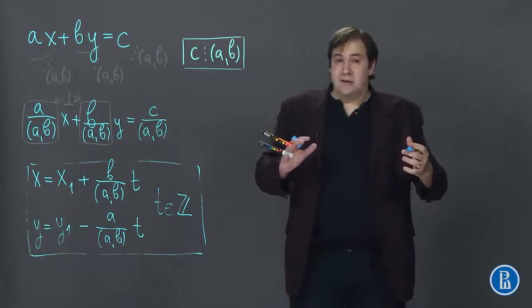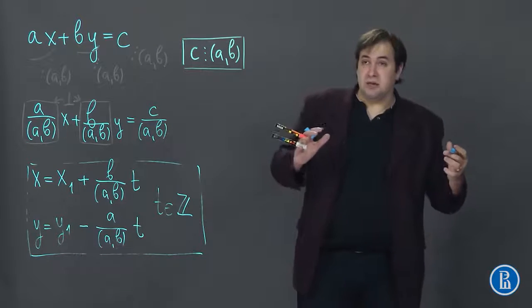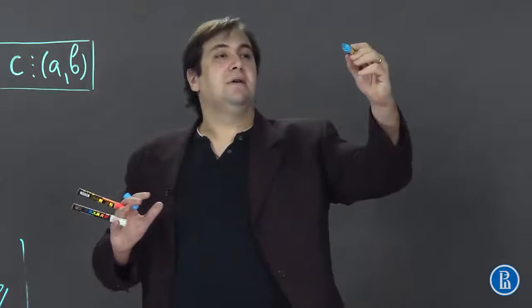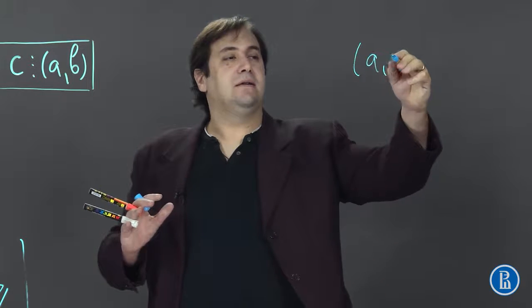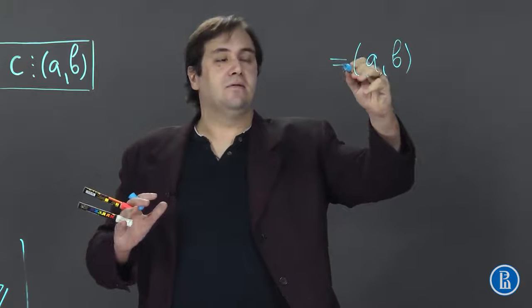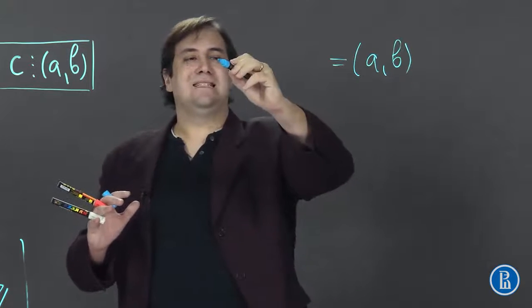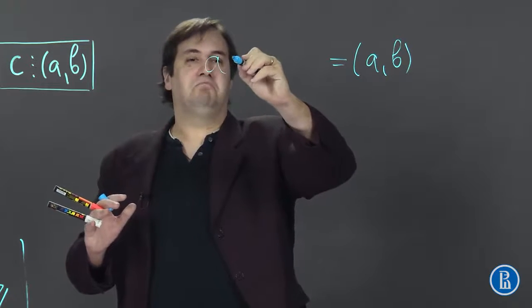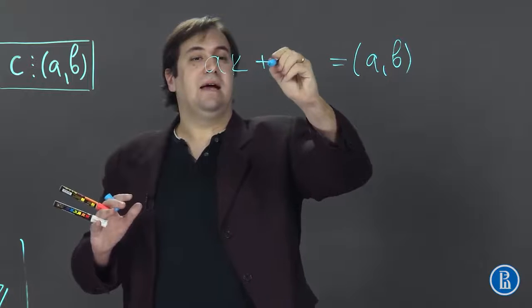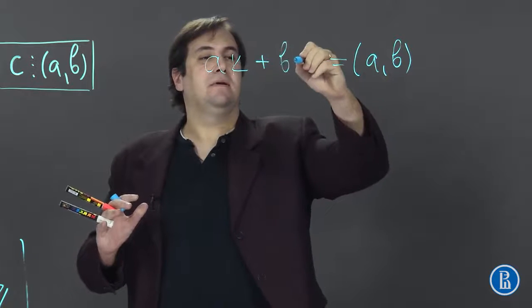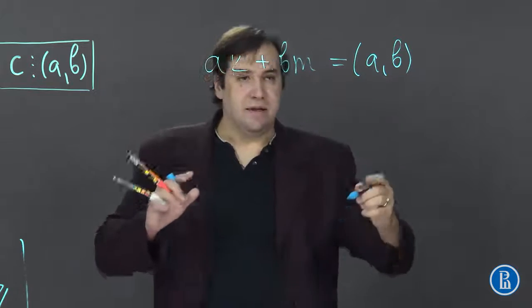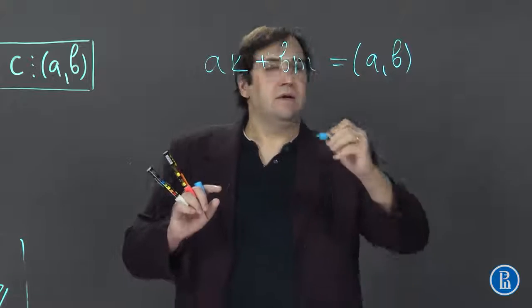It is well known that the greatest common divisor can be represented in the linear form. So there exist such integers k and m that this equality holds.